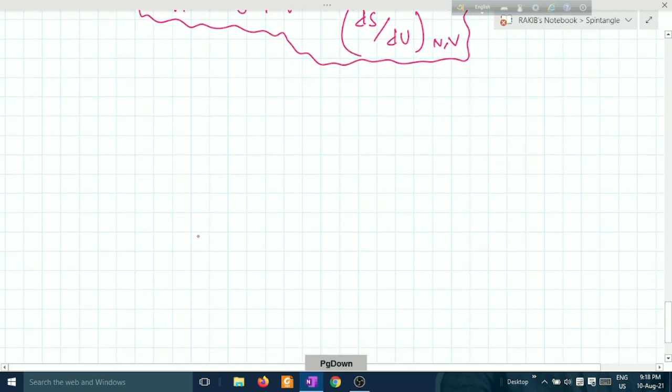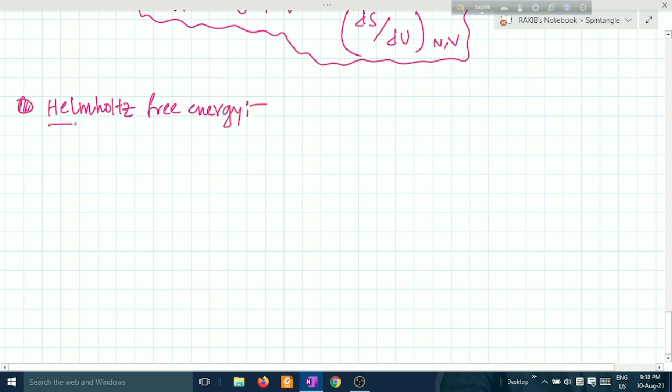Now you have to find the Helmholtz free energy. What is Helmholtz free energy? We have the second formula, that G is equal to U plus PV minus TS.